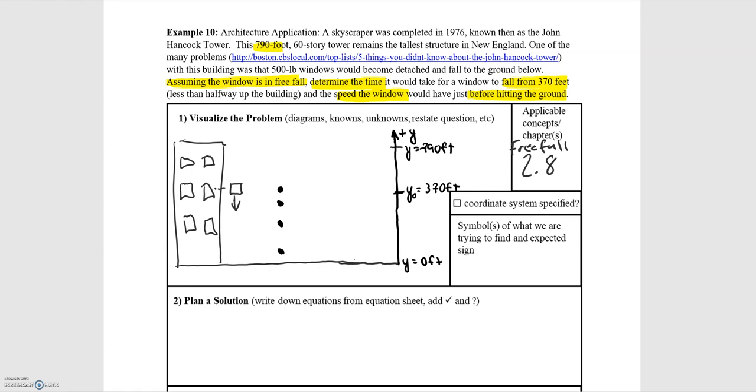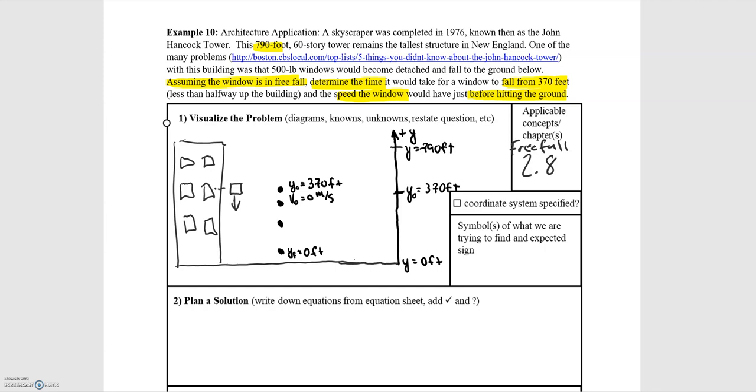We can label the information on our motion diagram now. So the initial position of the window is equal to 370 feet. The initial velocity, we said we were going to assume that it starts from rest at 0 meters per second. The final position is when it's going to be hitting the ground. So its final position, y f, is equal to 0 feet. And then we want to know what the speed is just before hitting the ground.